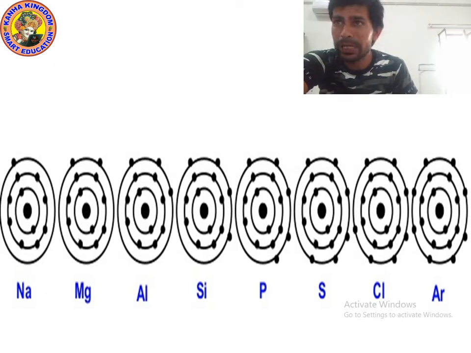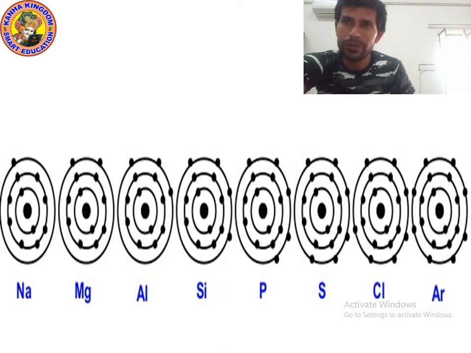In second shell, we can fill maximum 8 electron and chlorine has remaining 15 electrons. So we will make 8 black dots. So 15 minus 8, 7 electrons are remaining. So to fill the 7 remaining electrons, we will draw third shell. We will make third shell and 7 black dots we will make in chlorine. Okay, you can count.